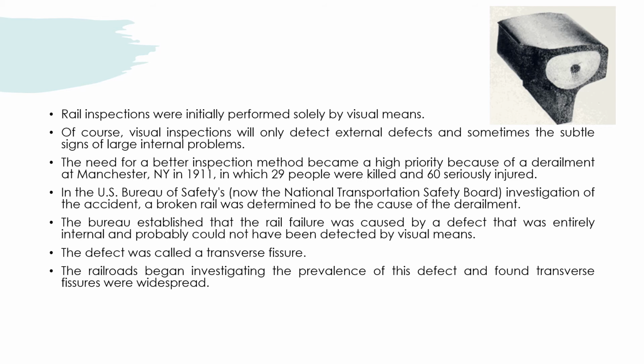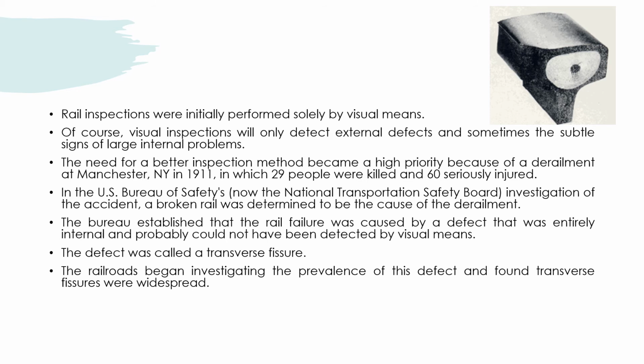The need for a better inspection method became a high priority because of a derailment at Manchester, New York in the year of 1911, in which 29 people were killed and 60 seriously injured. In the US Bureau of Safety's, now the National Transportation Safety Board, investigation of the accident, a broken rail was determined to be the cause of the derailment.